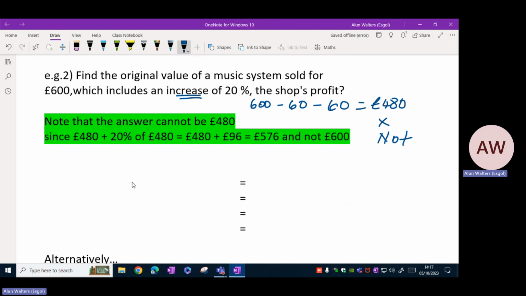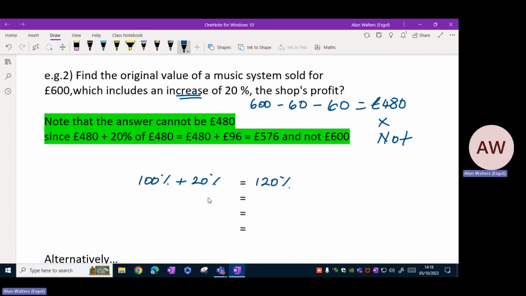We say that it's an increased price, so we say 100% was the original value, what we're trying to find, and when we add 20% to it, we end up with 120%. Okay, so the music system is actually priced at 120% of the original.